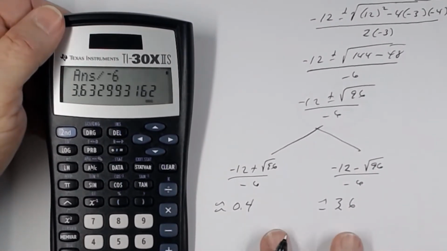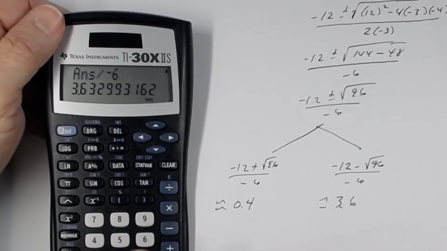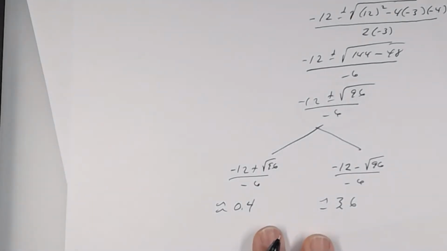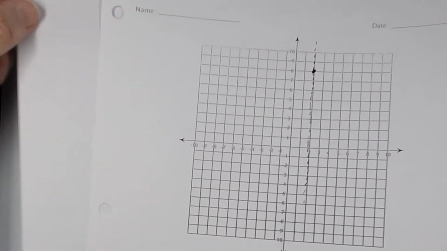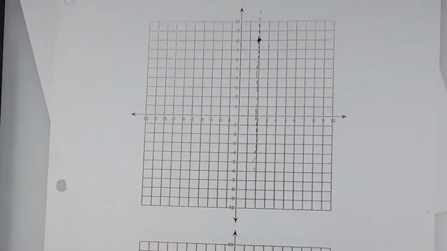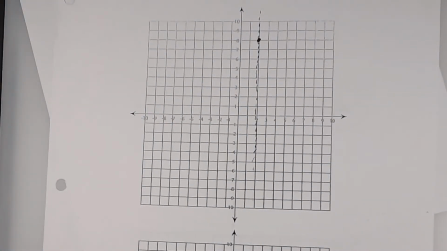All right. Now, when you plot those points, you're approximating, but they had better be the same distance from what idea? Your axis of symmetry. Okay. So let's go ahead and plot those. 3.6 is, I'm going to go ahead and expand it up here.